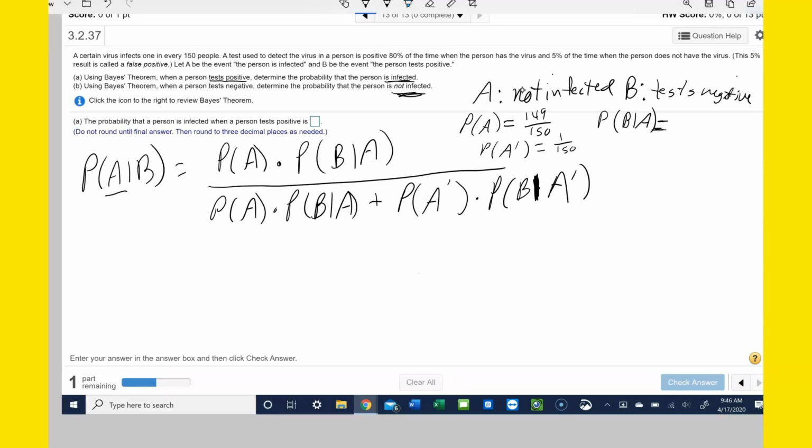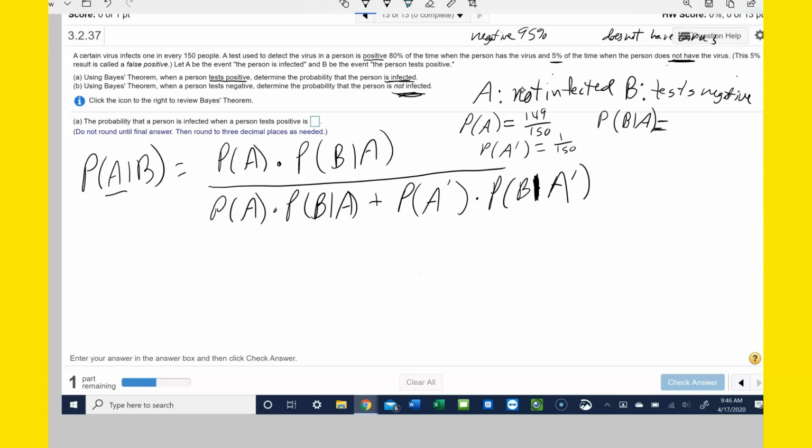And that's given, if I look here, we test positive 5% of the time when the person does not have the virus, that means we test negative 95% of the time when the person does not have the virus.